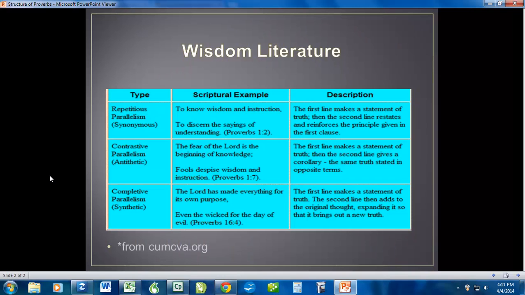So it's how he words it. What he's trying to show here is that genuine understanding is when you have wisdom and instruction, because instruction teaches you what to do, and wisdom is almost like why you should be doing it.